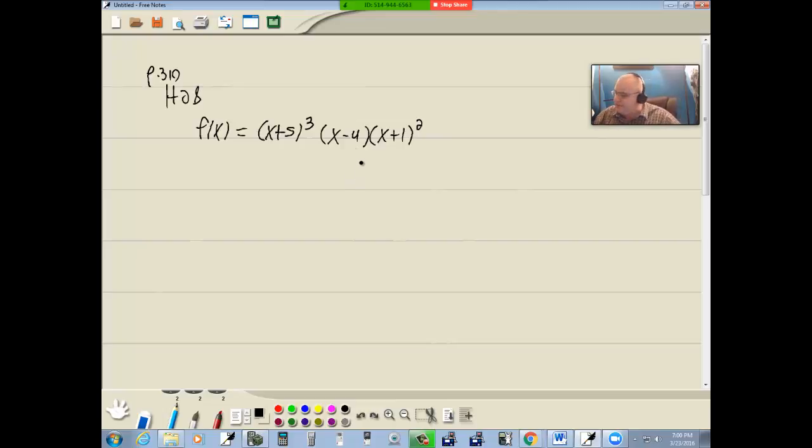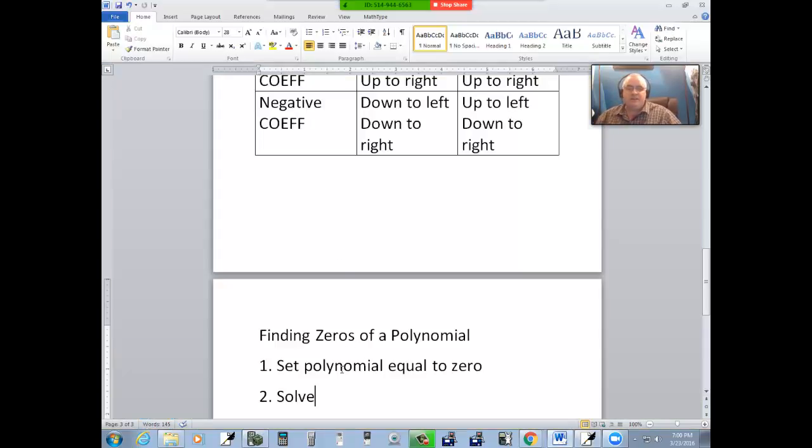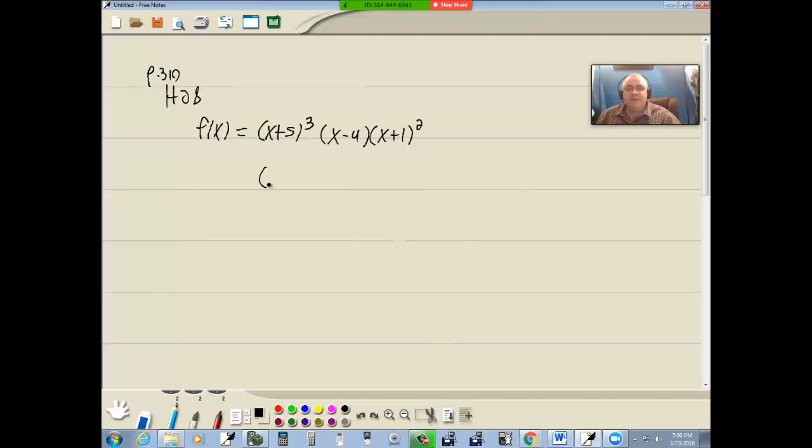Now, the instructions say find the zeros of the polynomial function, so we'll start with that. And we said to find the zeros, you set the polynomial equal to 0 and you solve. So I got x plus 5 to the third times x minus 4 times x plus 1 squared equal to 0.